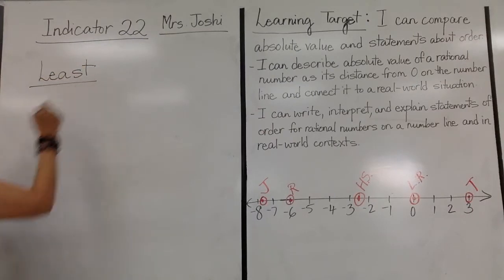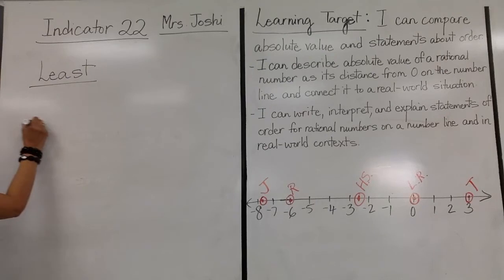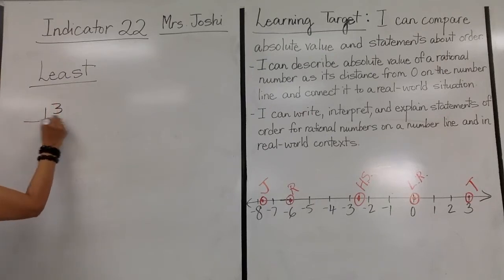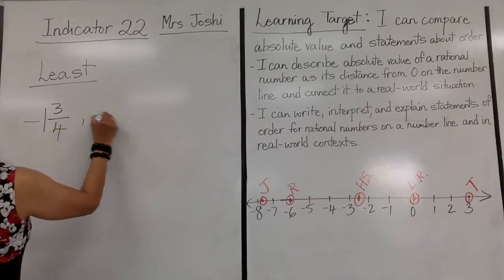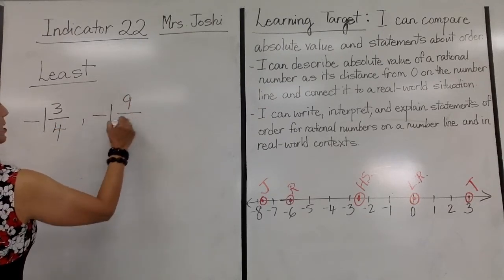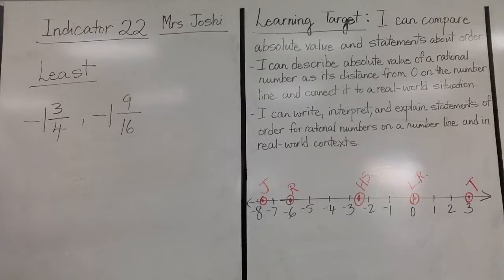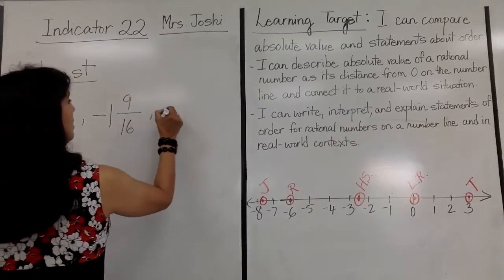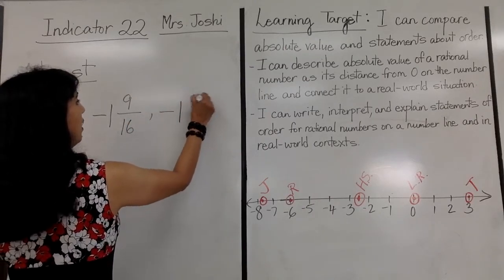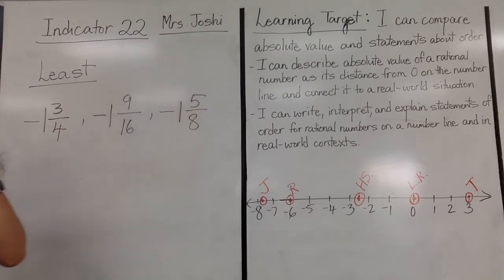So we have the numbers -1 and 3/4, -1 and 9/16, and -1 and 5/8. Okay, so now you can see that all my denominators are different.